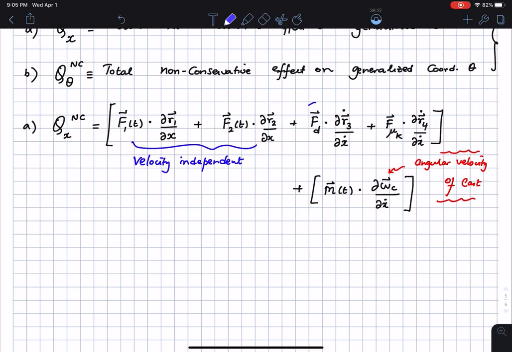These two terms here are velocity dependent, and this term is due to the applied torque. The angular velocity of the cart, of course, is going to be 0 because this cart is in pure translation.